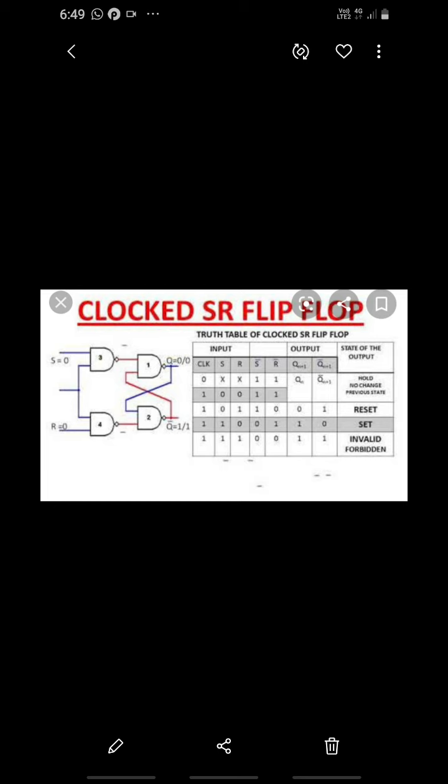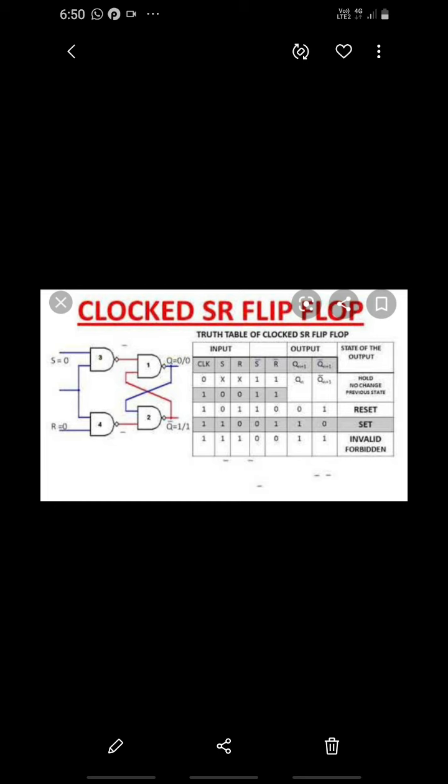And when applying the next clock signal 1, and inputs S and R are 0 1, then S bar is 1 and R bar is 0, then Q and Q bar are 0 1, so its state is reset.